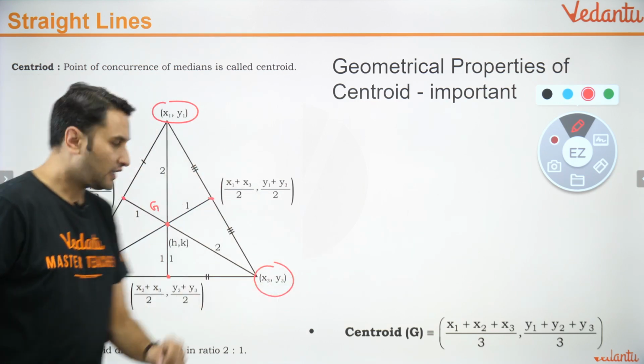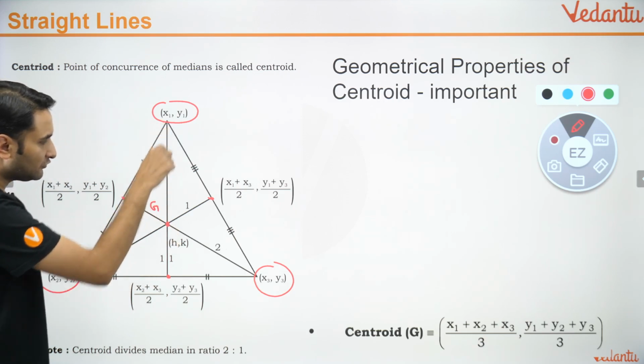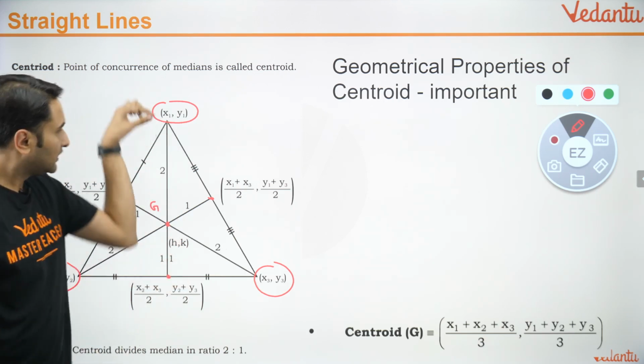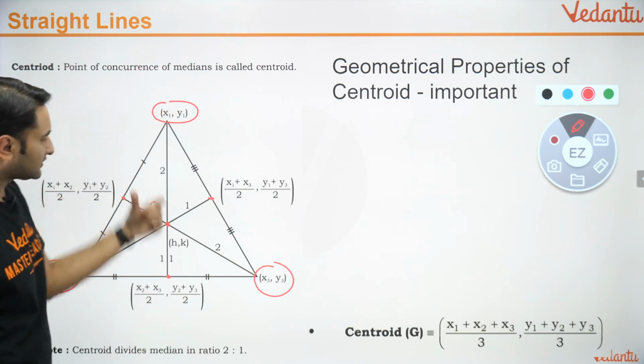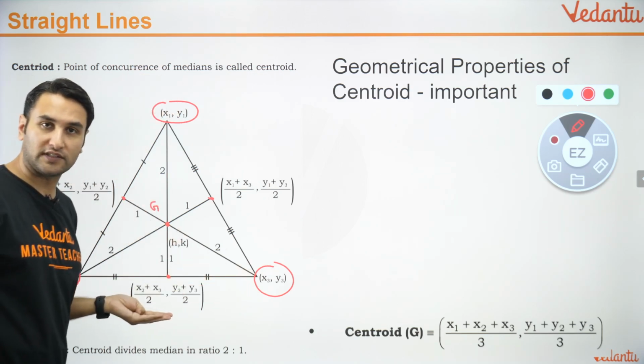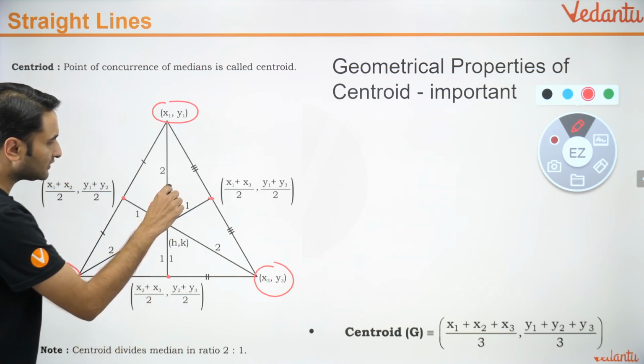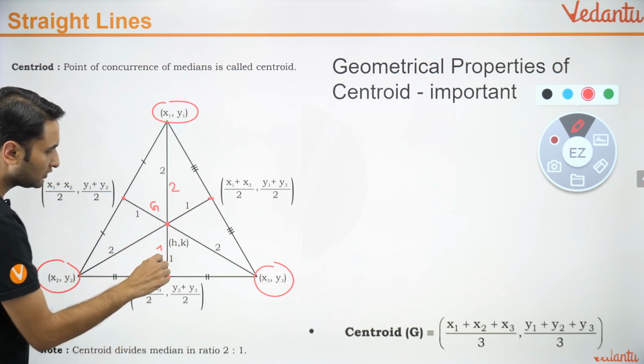All of you remember that the centroid divides the median. This line is called a median, right? The line joining the vertex with the midpoint of the opposite side, we call this a median. The centroid divides medians in the ratio 2:1.